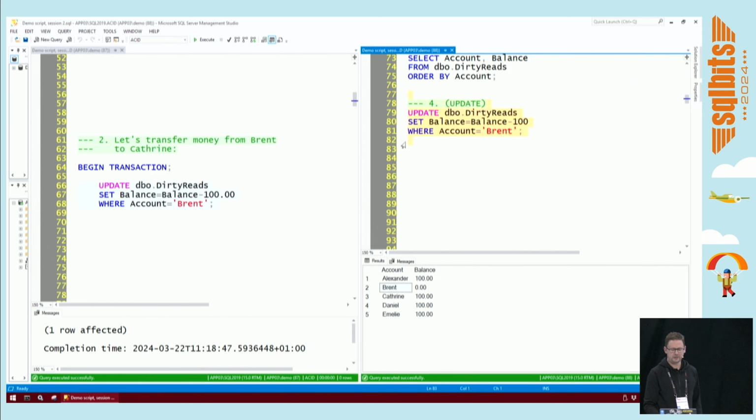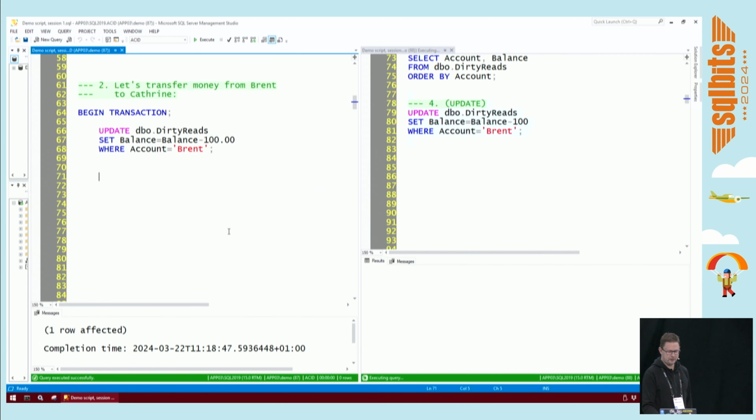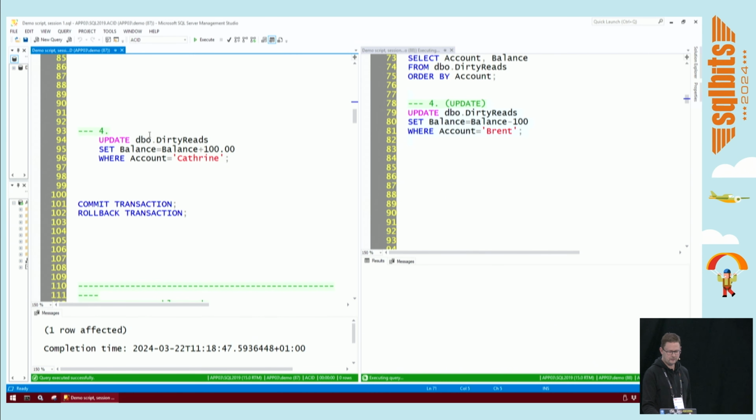What happens if we update? If I try to reduce Brent's account by more money? Anyone remember? Get blocked, right. So you see the query is just waiting for something to happen. Time progresses. And now we're going to insert that money into Katrine's account.